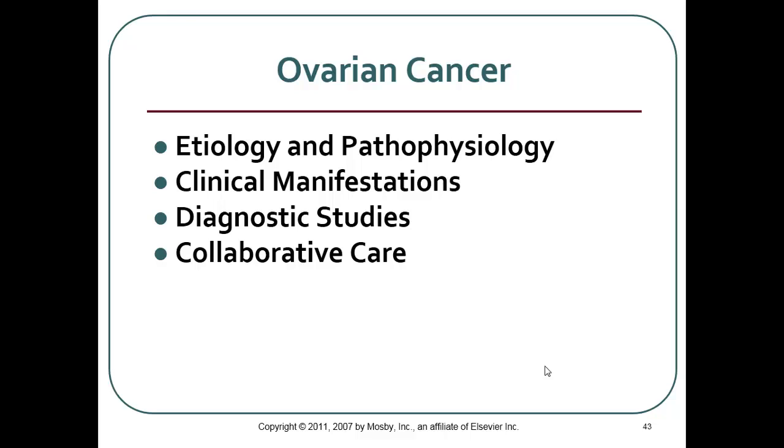But some of the later symptoms, they might have menstrual irregularities, and then they ironically might have weight gain or weight loss. So diagnostic studies, they can do an abdominal ultrasound. If they do find a mass, they'll do what they call the OVA1 test, and that just sees if the mass is malignant or benign.